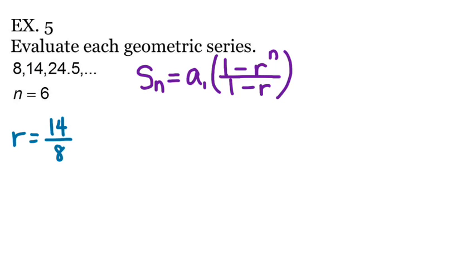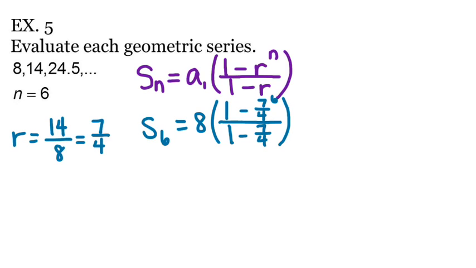So we're going to find our common ratio by doing 14 divided by 8, which reduces to 7 over 4. Then we can plug in our values. So S sub 6, since we're doing the first 6 terms, equals A1, which is 8. In parentheses on the top, I have 1 minus 7/4 raised to the 6th power, since it's 6 terms, over 1 minus 7/4 again.